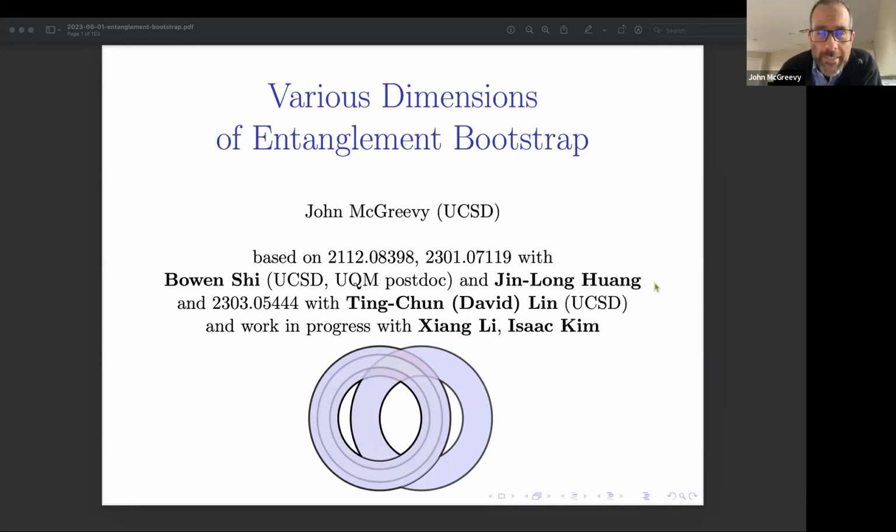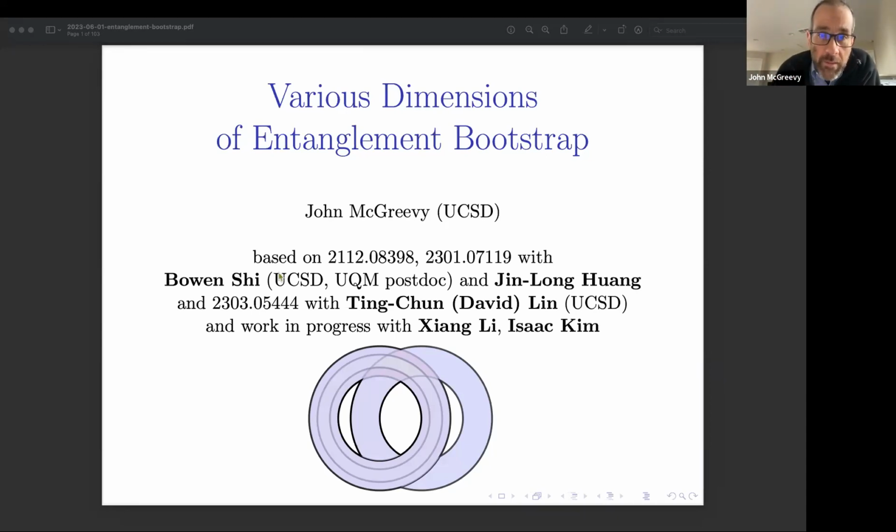And then I hope to devote a large portion of the talk to a sort of preview of, so this part is about topological states, an application of this approach to topological gap states.